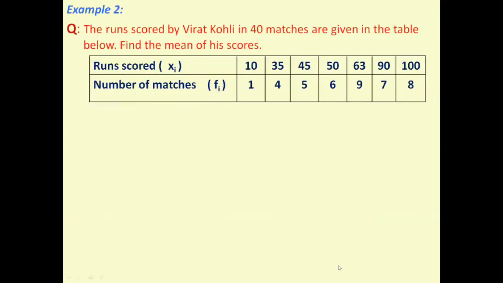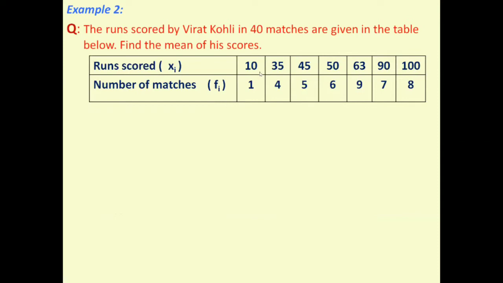In the next example, what do we have? Question number 2. The runs scored by Virat Kohli in 40 matches are given in the table below. Find the mean of his scores. Previously how we did, we have to proceed here also. Here runs scored we take as xi, number of matches we take as fi.